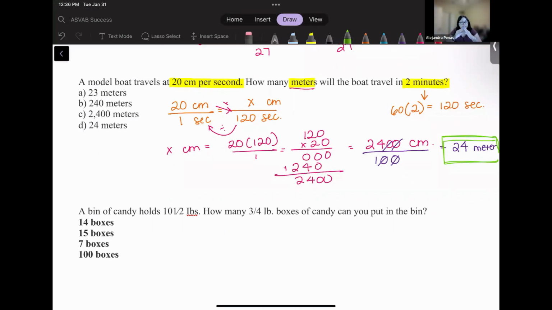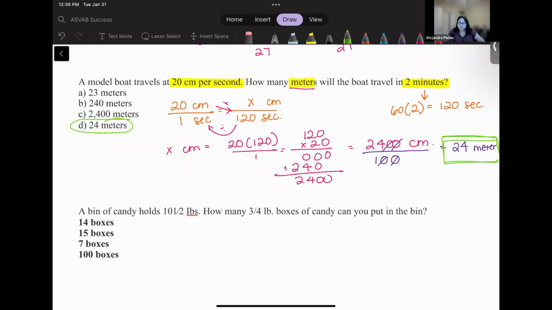That is why when we went from minutes to seconds, minutes is bigger than seconds, so we were going from a big unit, minutes, to a small unit, seconds, we multiplied by 60. But this time, centimeters are small, and we're going to a big one, which is meters, so we're going to divide. So your final answer would be 24 meters.